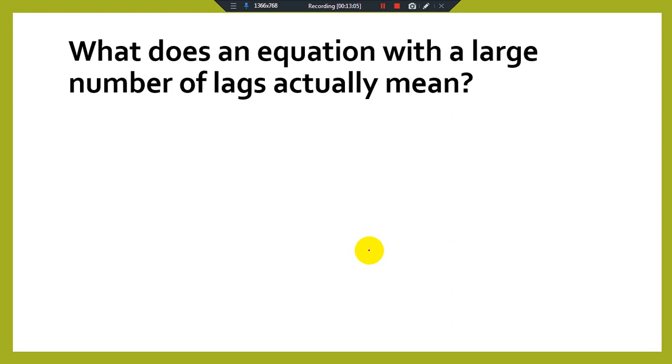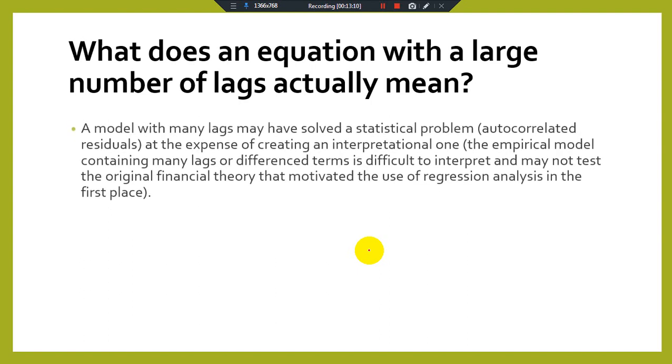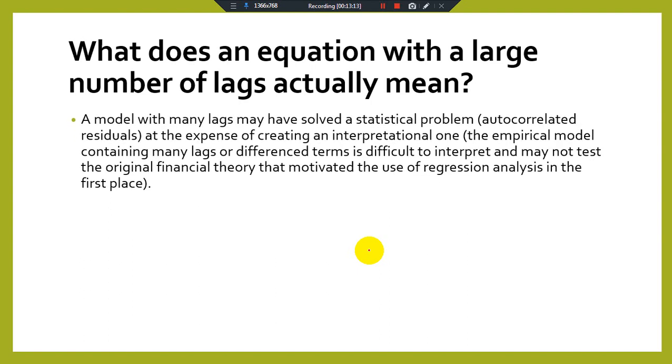Okay, what does an equation with a large number of lags actually mean? A model with many lags may have solved a statistical problem, like removing the autocorrelation of the error term, at the expense of creating an interpretational problem. An empirical model containing many lags or difference terms is difficult to interpret and may not test the original financial theory that motivated the use of regression analysis in the first place.